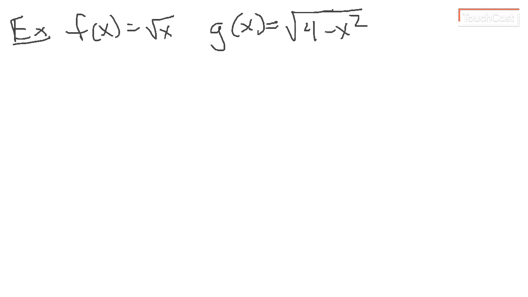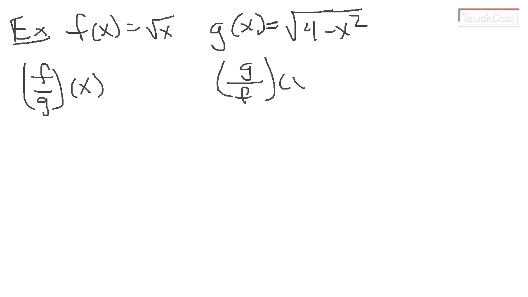And instead of evaluating this at a certain value, what I want us to do is find f over g of x, and I want us to find g over f of x.